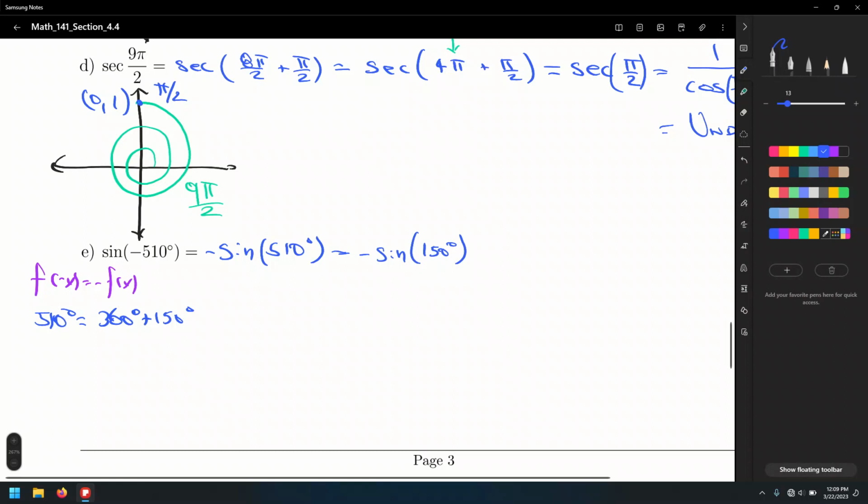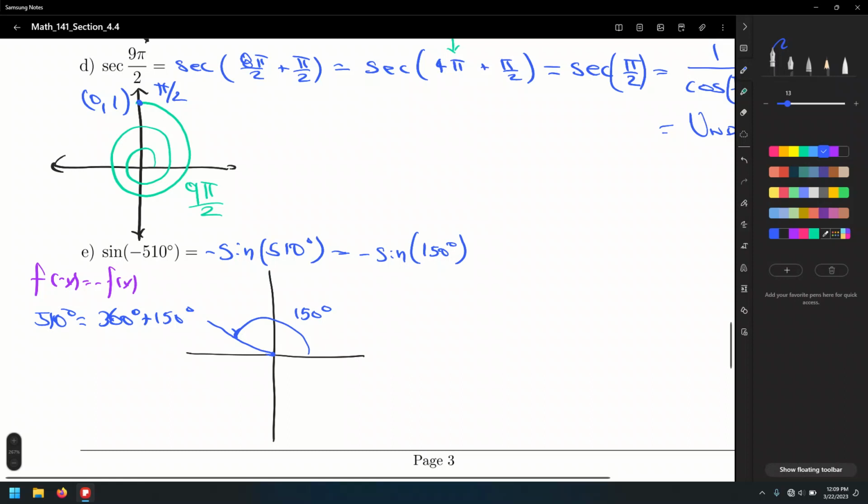Now here is where we need to look at the location of this angle. 150 degrees is an angle below 180 degrees, and this angle is in the second quadrant, right? We need to evaluate this trigonometric function using the reference angle. How do we get the reference angle?